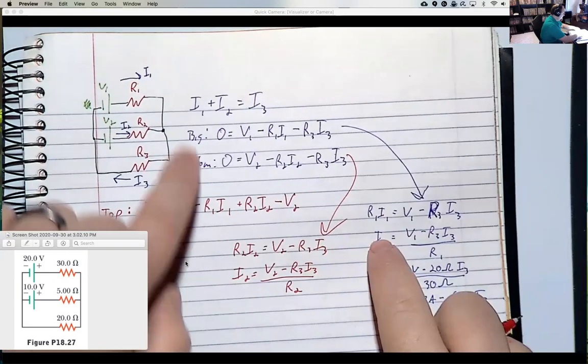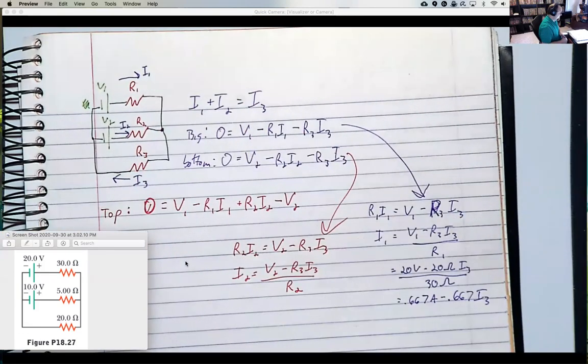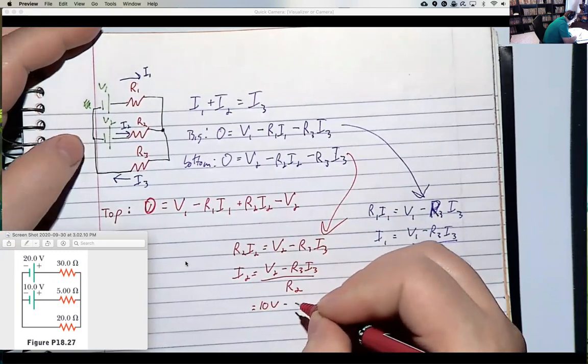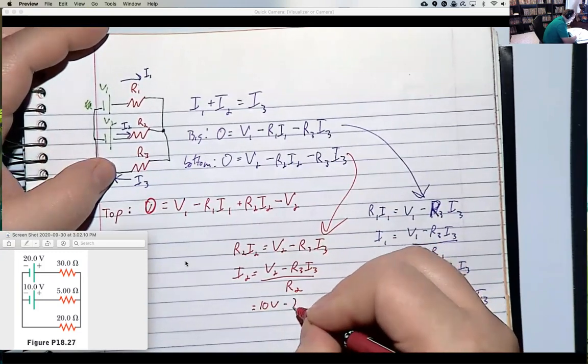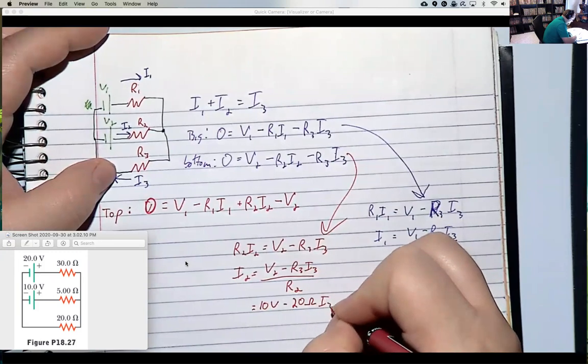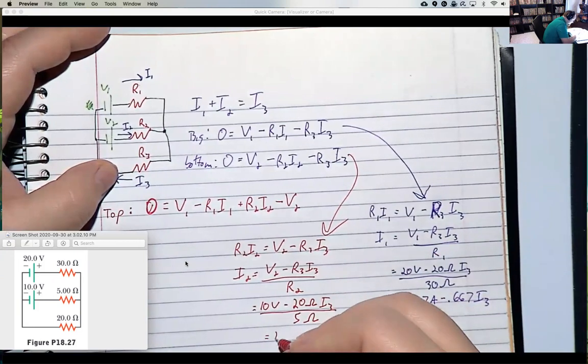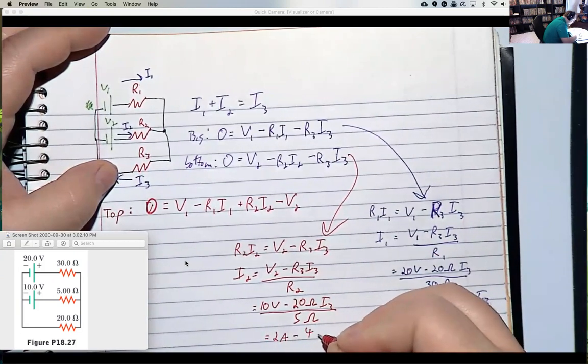I could just shove these into there, but I'm going to plug in now, hoping that it lessens how ugly the math gets. So V2 is 10 volts. R3 is 20 ohms. And R2 is 5 ohms. Well, this one comes out nicely as 2 amps minus 4 I3.